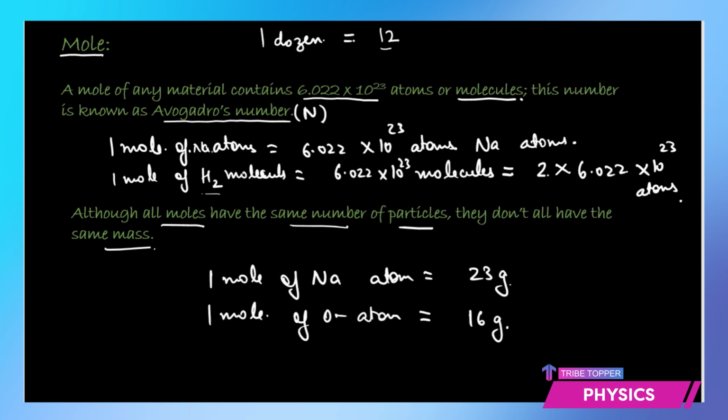So though they contain the same number of particles, 1 mole of sodium or 1 mole of oxygen atoms are both 6.022 times 10 to the power 23 in number, but their weight is going to be different. Their mass is going to be different.